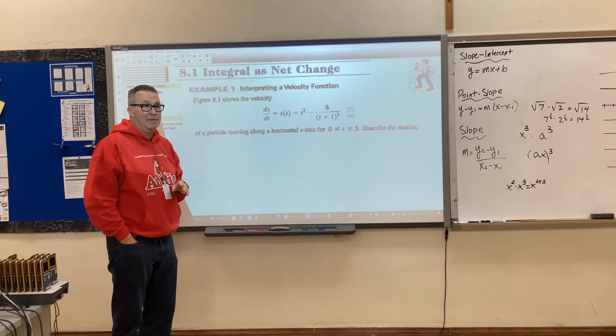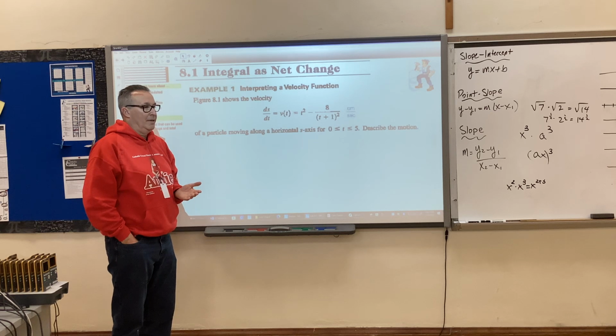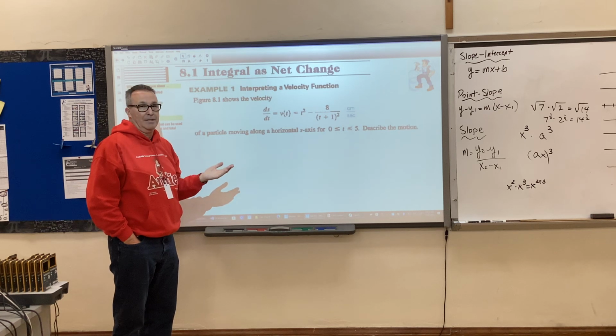Do you know how to find the position of the particle? If I'm here and I walk at a pace of 3 feet per second, how far am I in 3 seconds? Yeah, 9, right?